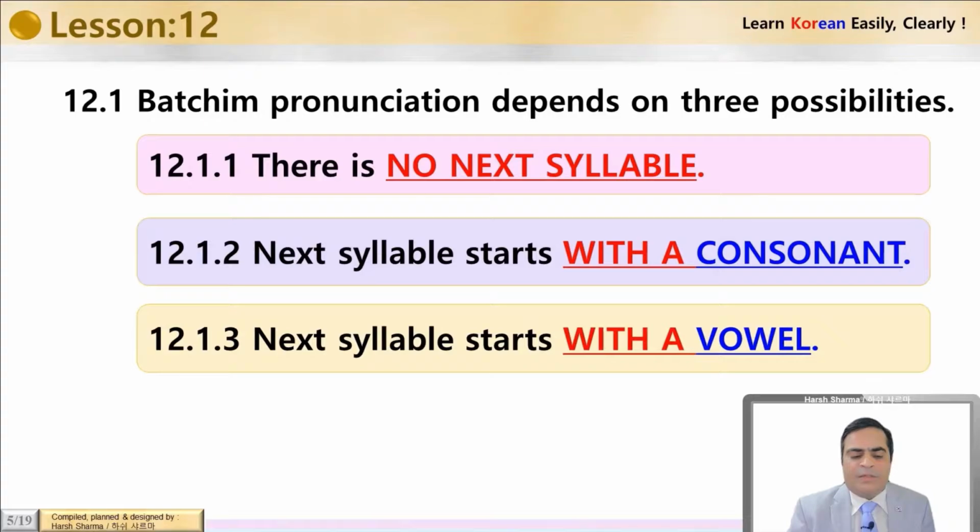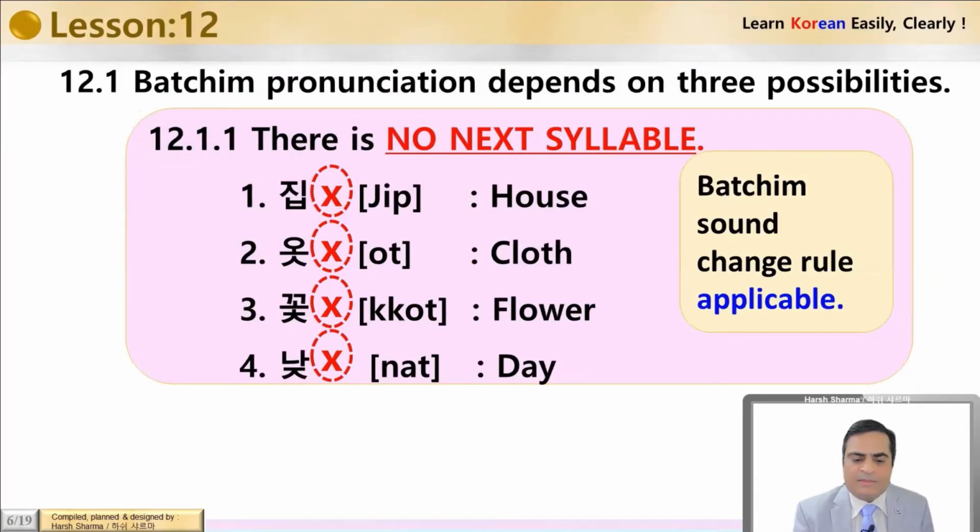So the first possibility will be there is no next syllable: any word is written in Korean, Batchim is there, and after that, nothing is there. The second possibility is the next syllable starts with a consonant, and the third possibility is the next syllable starts with a vowel. So all these three we are going to study in detail now. It will make Batchim pronunciation clear.